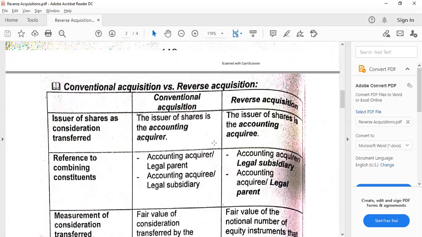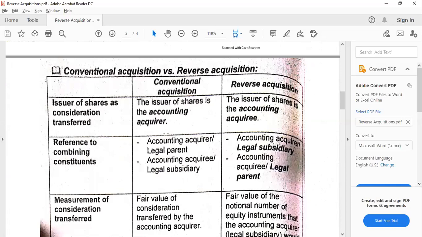All right, so here is the comparison of conventional acquisition versus reverse acquisition. So as said, in conventional business combination, there is no doubt that the accounting acquirer is the one that issues the consideration, and that is also the parent. Whereas in the reverse acquisition, the accounting acquirer issues the shares.